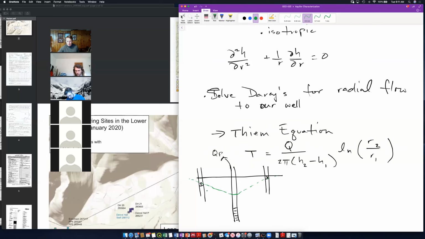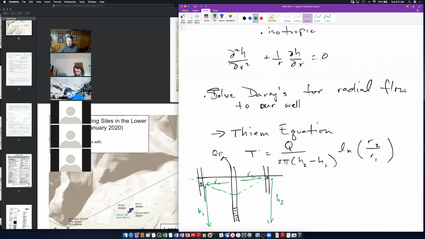All right. And this one has a height of, this is H1. It's at a radius R1. This well has a head of H2 and a radius of R2.